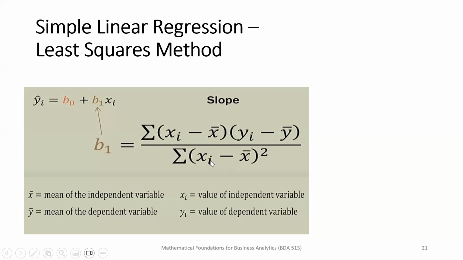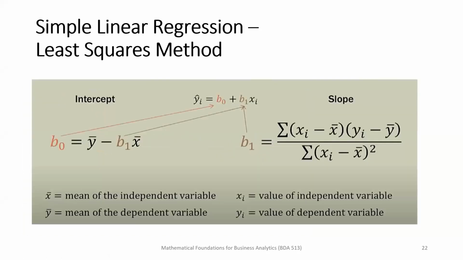So for the independent variable, that is xi minus x bar, and then you square them and find the summation of it. I was making the point here that when you come to the calculation of the intercept, it is the mean of y, that is the dependent variable, minus the slope, b1, multiplied by the mean of the independent variable, x.